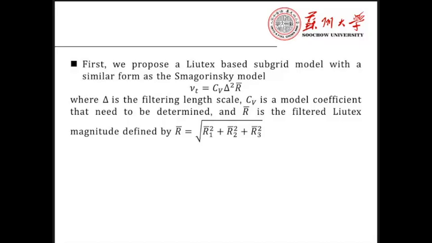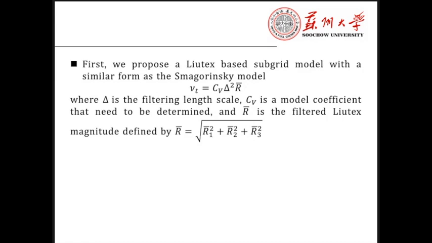So we propose a vorticity-based subgrid model, and it has a form similar to the Smagorinsky model. Nu t equals C sub v times delta to the second power times vorticity magnitude, where Cv is a model coefficient and omega is the filtered vorticity magnitude.